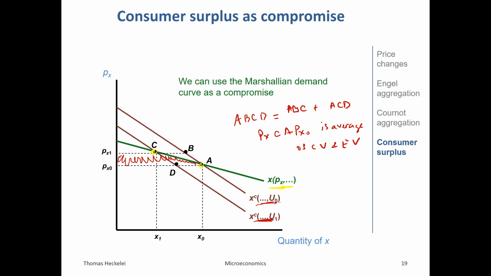So we could actually write the CV, and let me go ahead a bit and already call the area in between the two prices and below the Marshallian demand function the delta CS, the change in consumer surplus, plus ABC, right? And the EV is the delta CS minus the ACD.